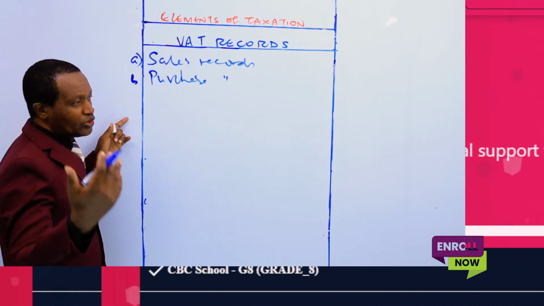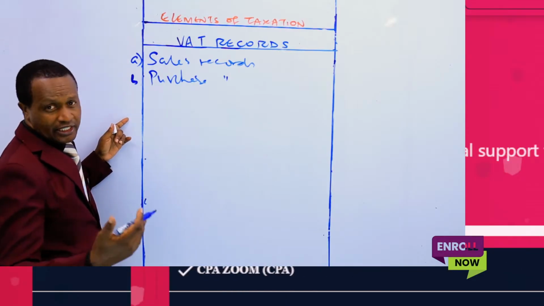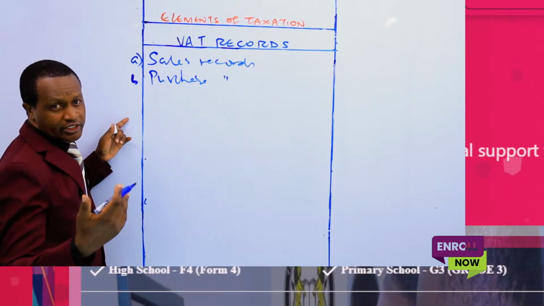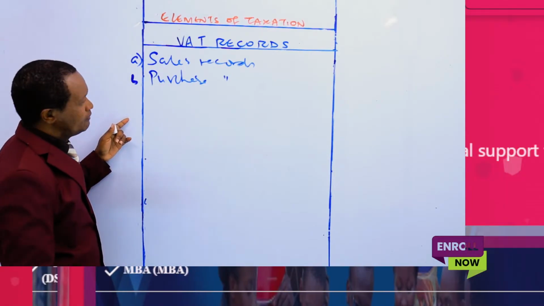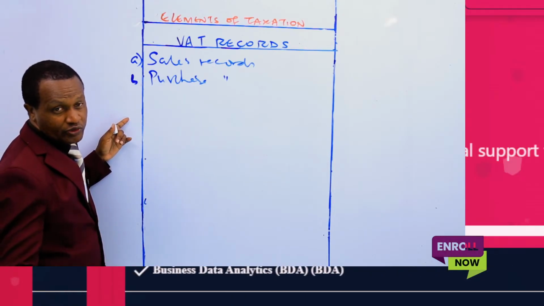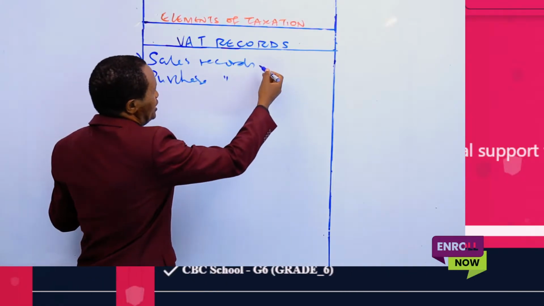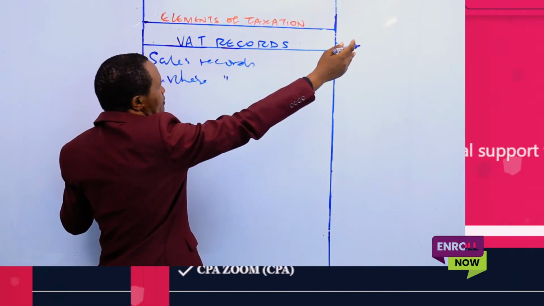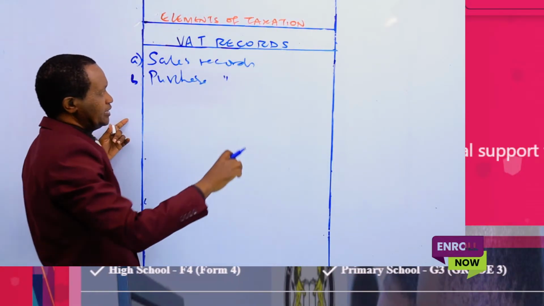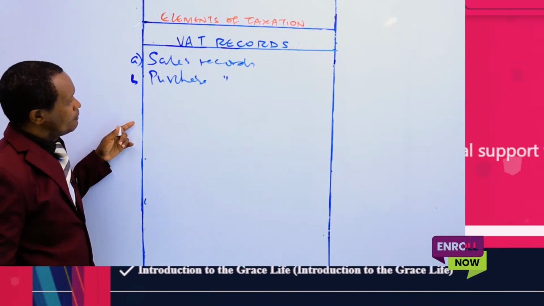For example, the local purchase orders, the contracts, the tenders, and so on. Then we also have copies of customs entries and receipts for payment of import VAT. Under purchase records, one also needs to have copies of credit notes and debit notes received from suppliers. We mentioned debit notes and credit notes that are issued to the vendors, but you also have those from the suppliers. The copies of debit notes and credit notes ought to be kept.